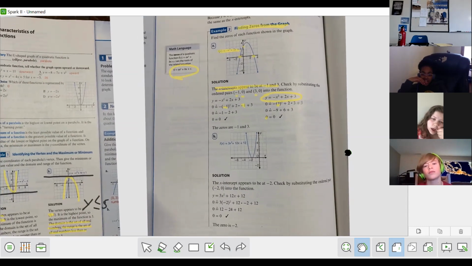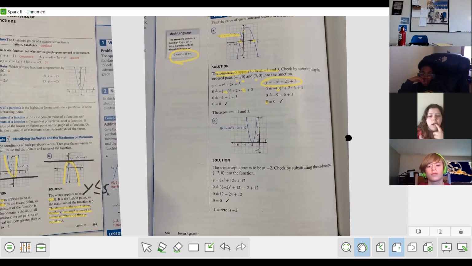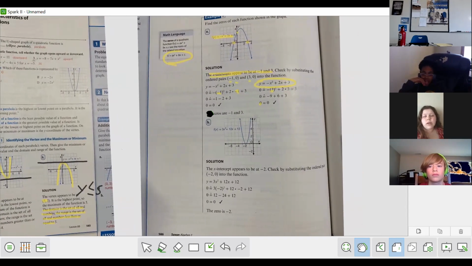We're not really graphing them right now, but look at here. Sometimes the zeros are strange because look at this parabola right here. It crosses the x-axis in just one spot. Notice here, it crosses the x-axis in 2 spots, but here it only crosses the x-axis in 1 spot. So it's right at -2.